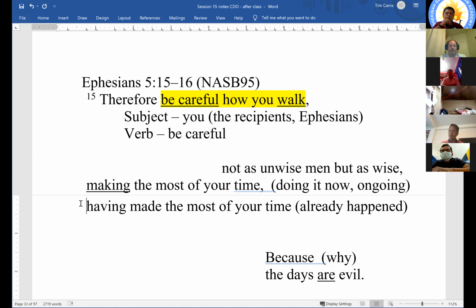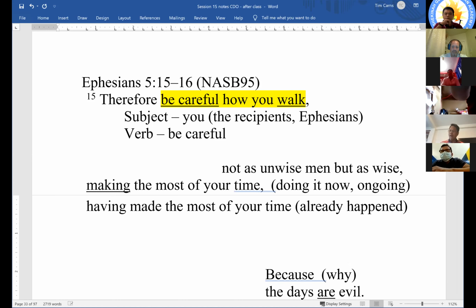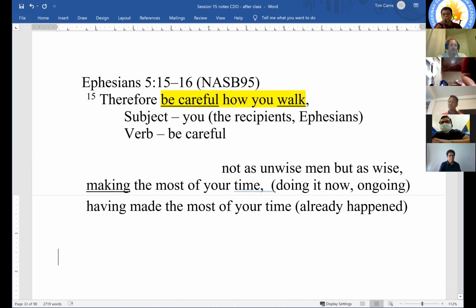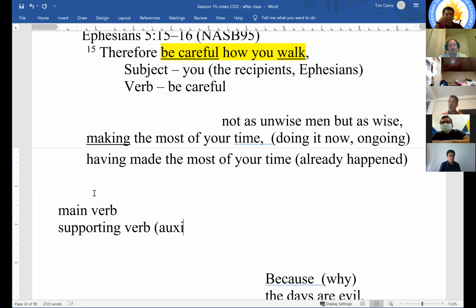You can think of a participle like this. We have what's called a main verb, and then what I'll call a supporting verb. There's auxiliary verb, helping verb, subordinate, non-finite, linking verbs.